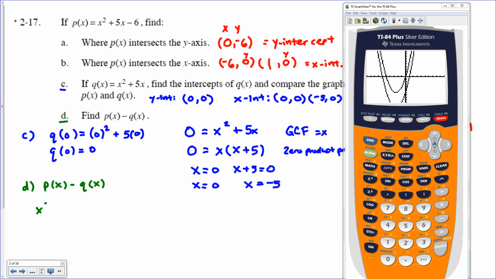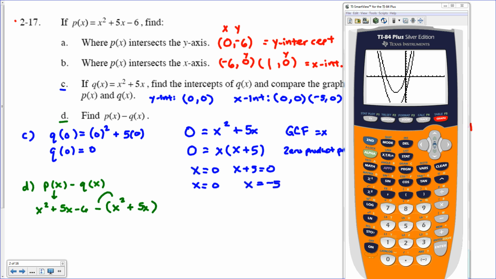So we're going to substitute that in. And then we have this minus here, so we're going to subtract all of q of x. Since q of x is a quantity, let's put it in parentheses. So minus q of x, which is x squared plus 5x.